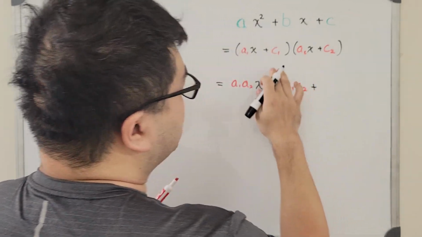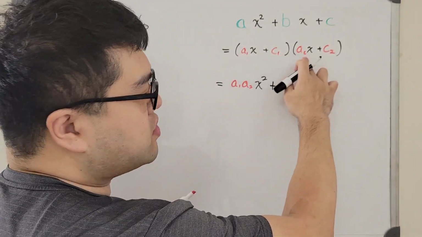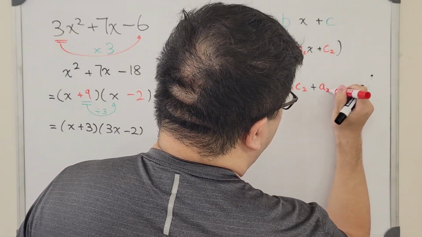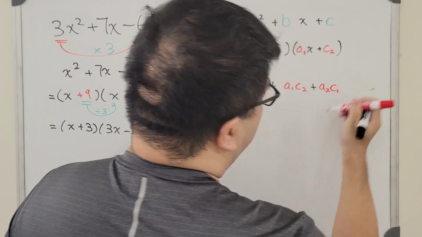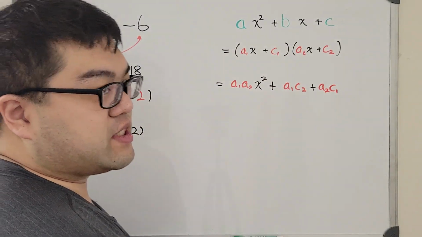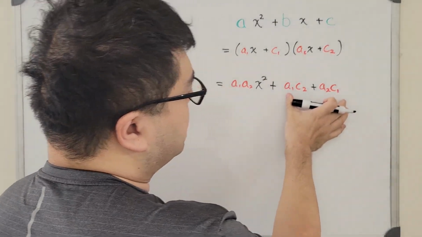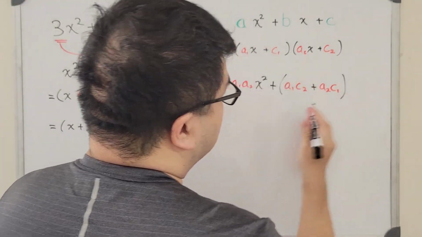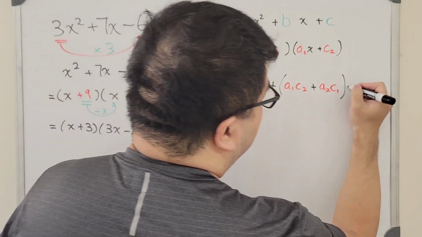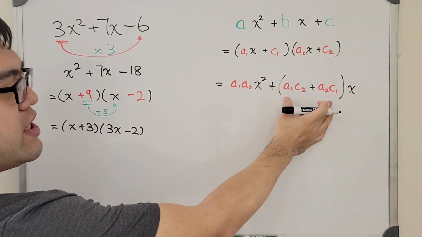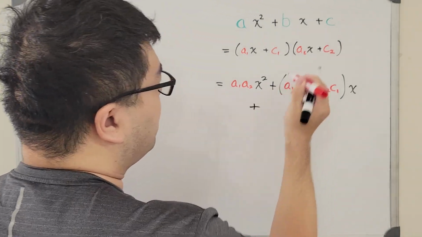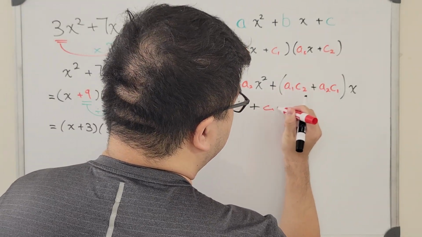Then we have the inner term, which is c1 times a2x. So again, we can put the coefficients together to get a2 c1. And of course, we will just combine the like terms, meaning that if we factor out the x, we will actually get this sum here. And finally, we have the constant term, c1 c2.